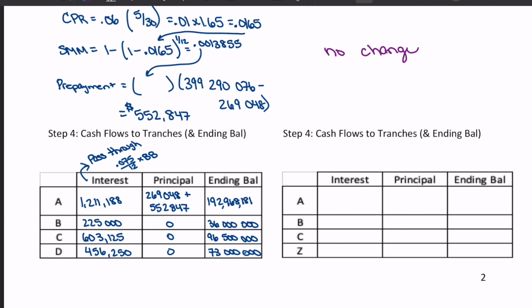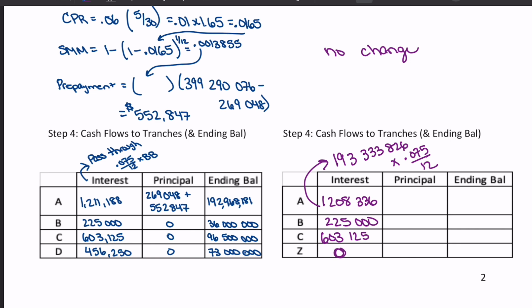So A is going to receive $1,208,336. And where's that number from? That is from the beginning balance of A times the pass-through coupon over 12. B and C won't change, so that's still $225,000 and $603,125.